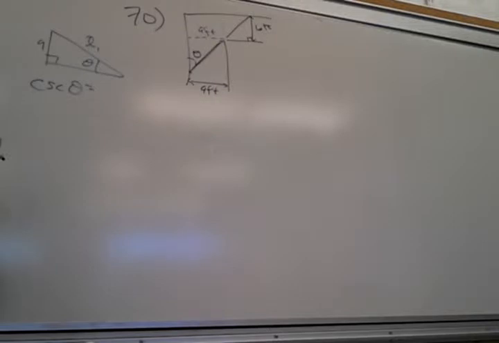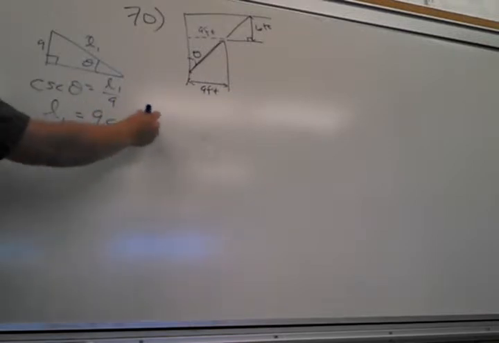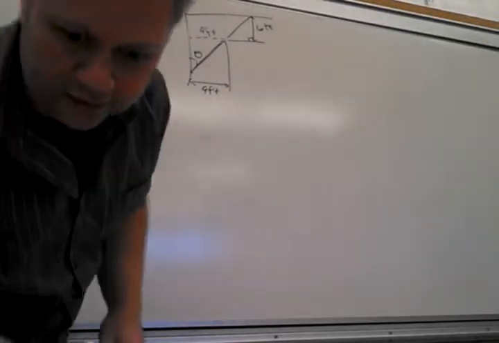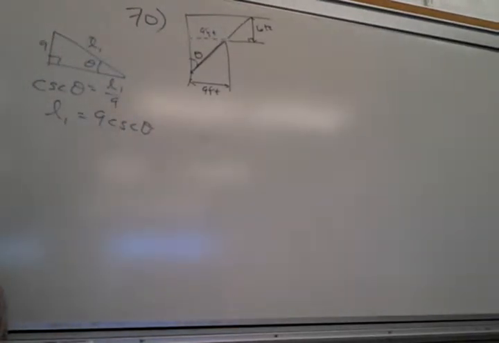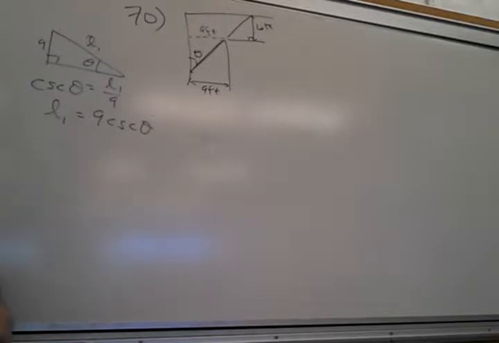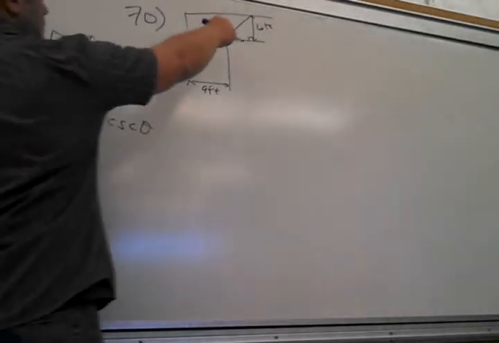It's L over 9. Good. The hypotenuse is the reverse of the sine, so it'll be L1 over 9. So L1 is going to be 9 cosecant theta. And we feel good because I see 9 cosecant theta there staring me in the face. If you look at the final answer, it's supposed to have a 9 cosecant theta in it. So the other part probably comes from this one.